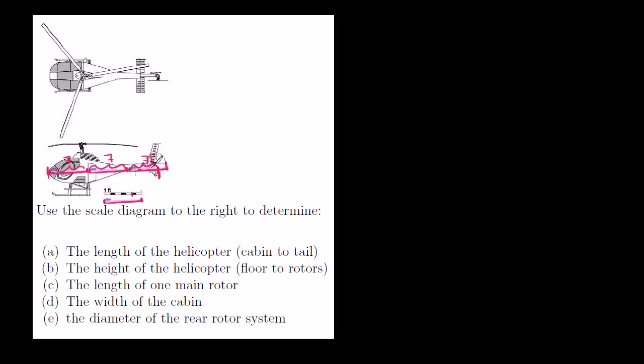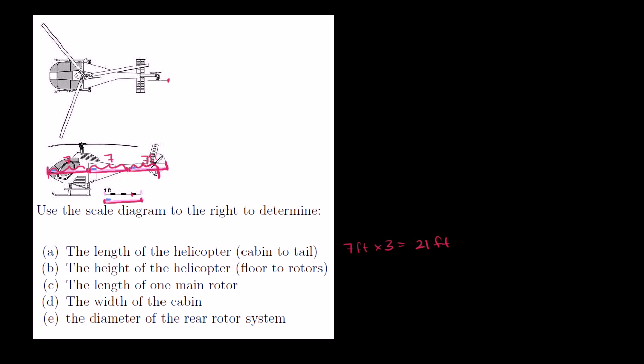We complete 3 lots of 7 feet. So for part A, I would go to 27 feet. Sorry, not 27, 21 feet. 7 feet times 3 is equal to 21 feet. I'd go with part 1, because if you go all the way to the tip of the rear rotor right there, you're going to get 3 of these lengths.